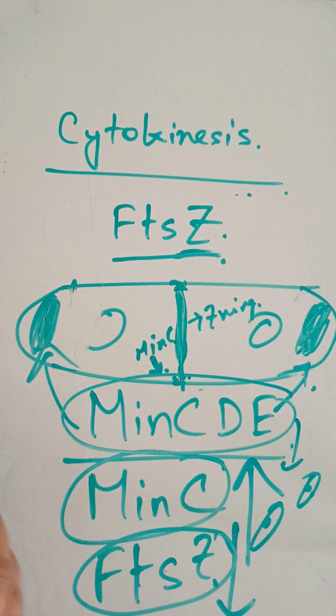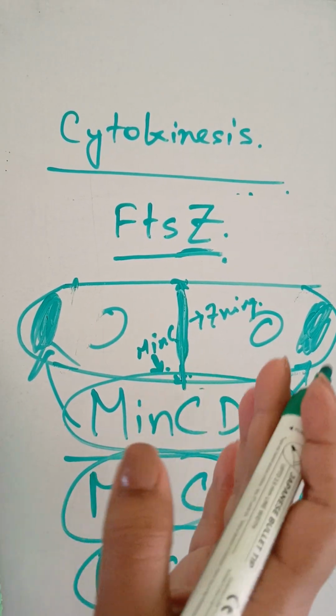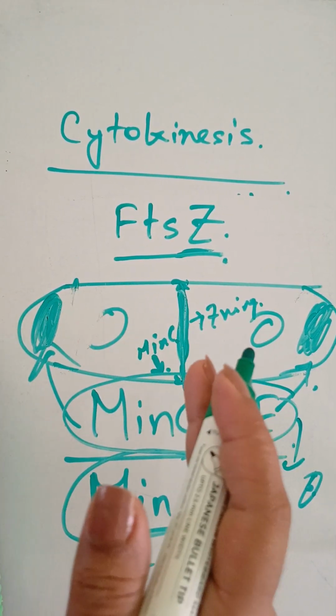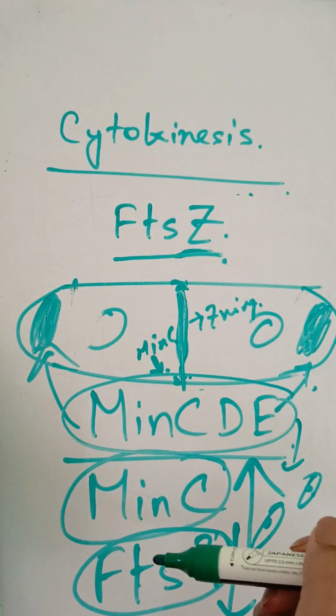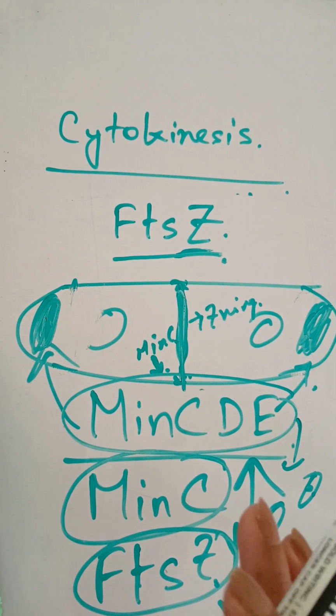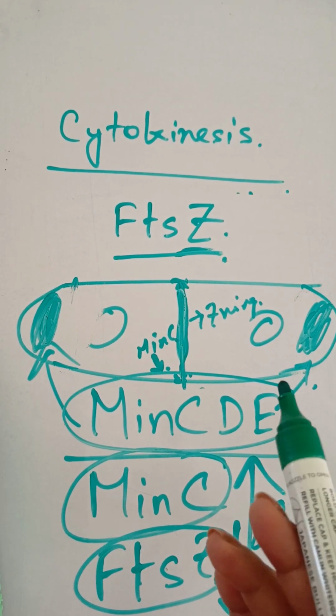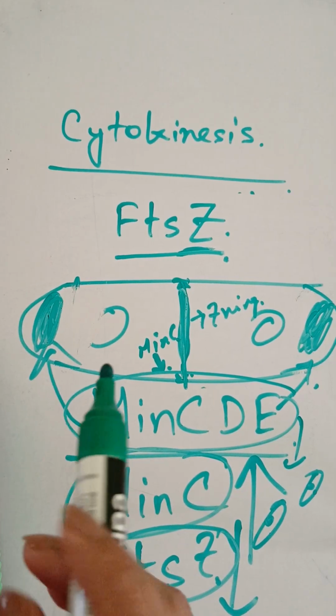In case of E. coli, this complete process, which I have already mentioned in my previous videos, the reproductive stages, then replication, then divisome formation, cytokinesis, this whole process will take about 20 minutes. In other bacteria, it may take about 60 minutes. So it's very little time.